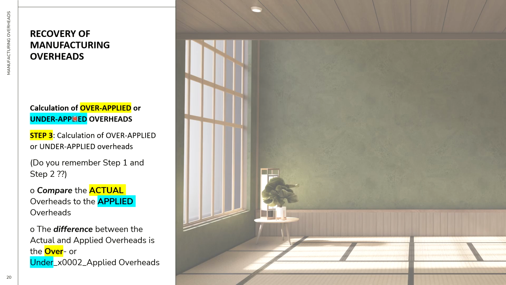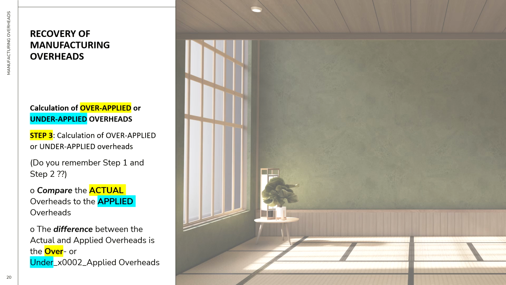So this is the calculation of over applied or under applied overheads, which is step 3. We compare the actual overheads to the applied overheads. The difference between the actual and the applied overheads is the over or the under applied overheads, right?